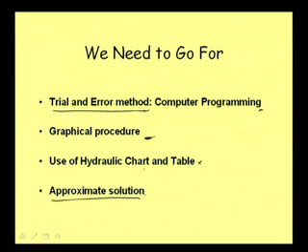Particularly for a rectangular channel, we have some approximate solution which gives almost correct results. Although the name is approximate solution, it gives almost correct results. Similarly, in a trapezoidal channel, we have some approximate formula which gives correct results, but of course, it needs finer correction by trial and error again. So, some formulas are there that we will be discussing.